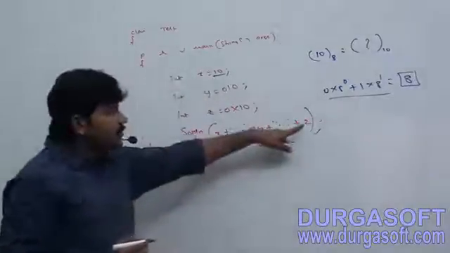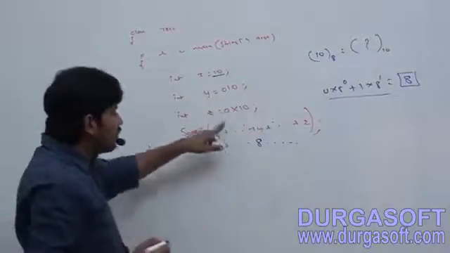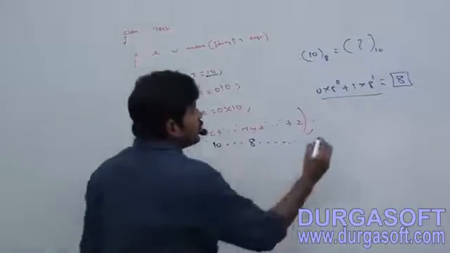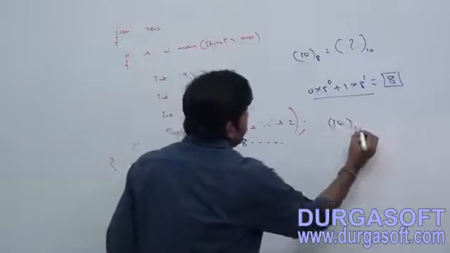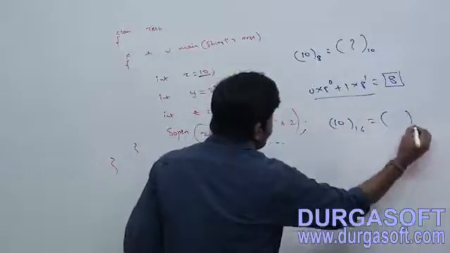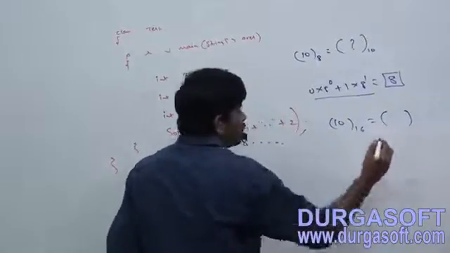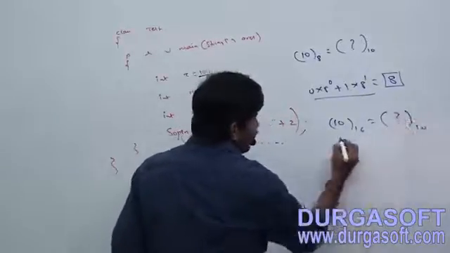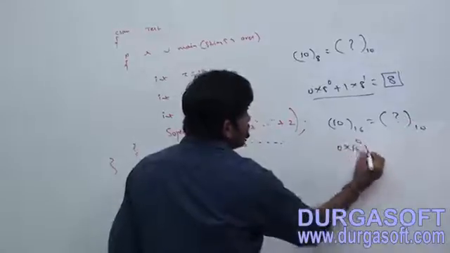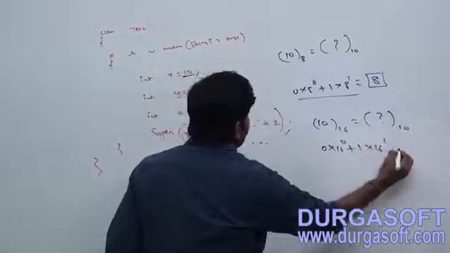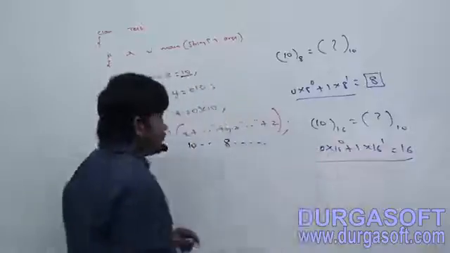Next z. Can you please print z? So 0x10 is hexadecimal. Can you please convert it into decimal value? 0 into 16 power 0 plus 1 into 16 power 1. What is its value? 16.